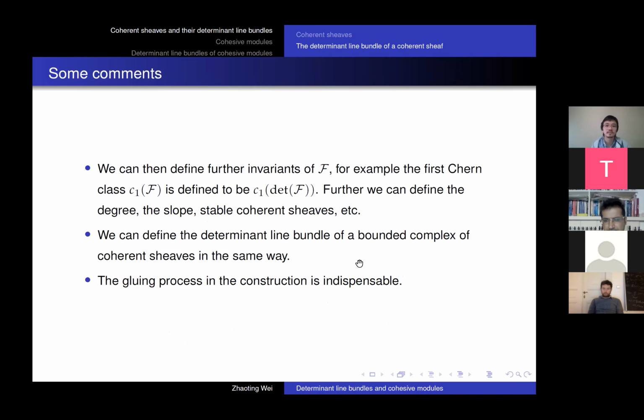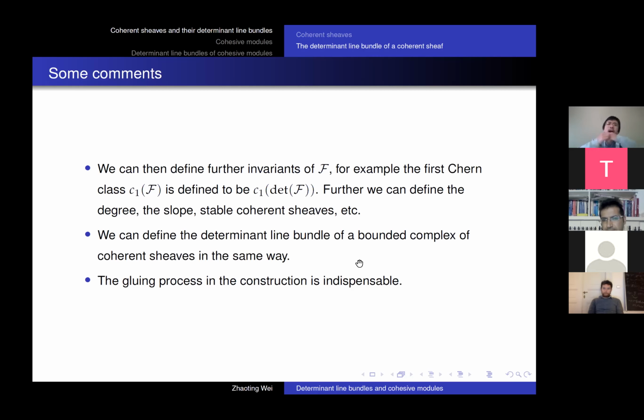I see. And if this determinant is zero, I mean the zero vector, is there any nice relation for F? Let me see. If the determinant line bundle is trivial, then what is the...? Yes, I think there are a lot of special properties of this F if the determinant is trivial.